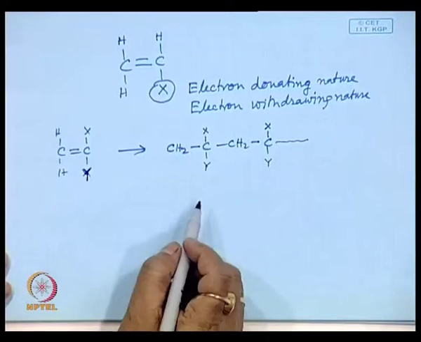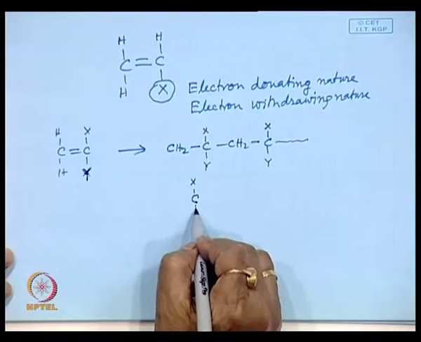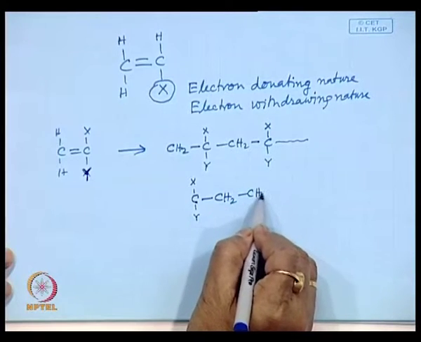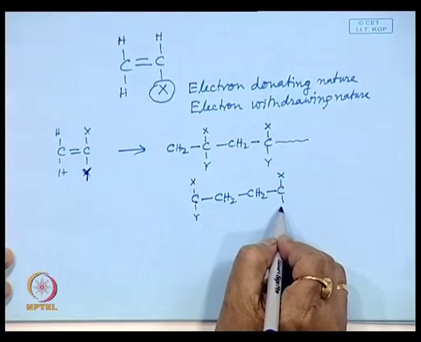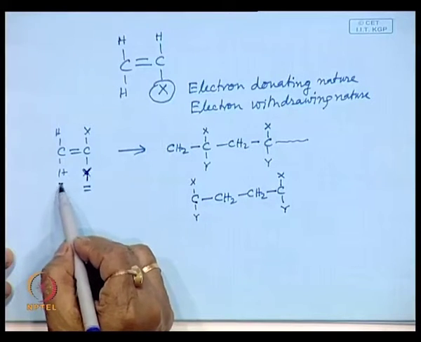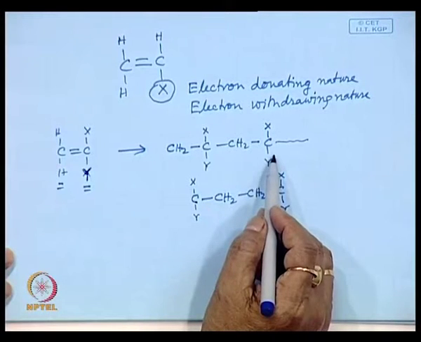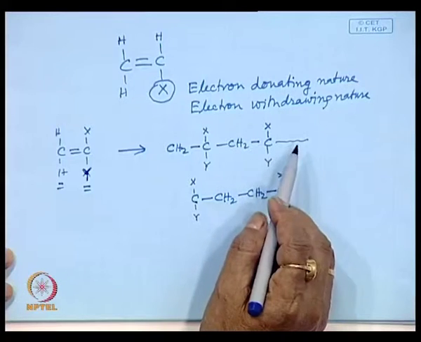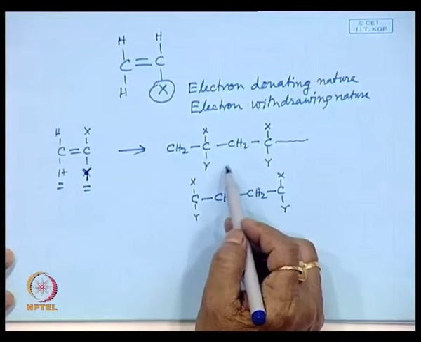This is a kind of growth, or it can so happen that if you consider this as head, this as tail, then this kind of combination during the propagation of the monomers to form a polymer, that is known as head to tail addition.